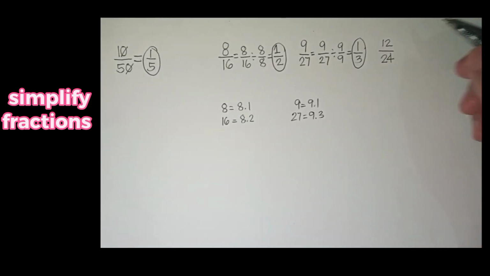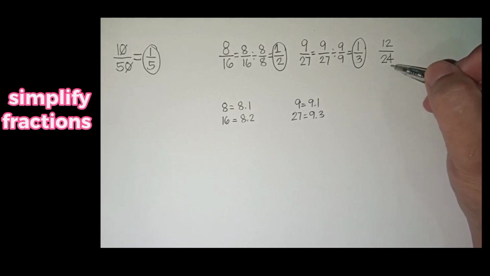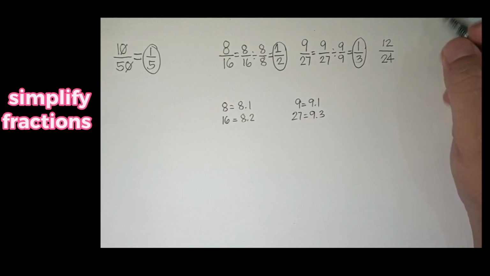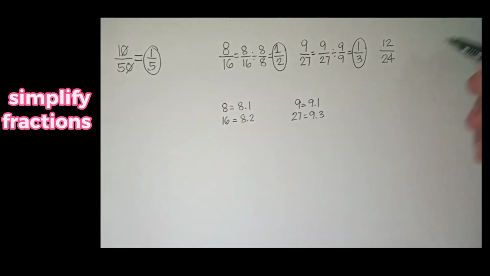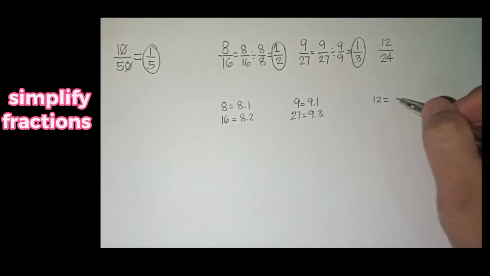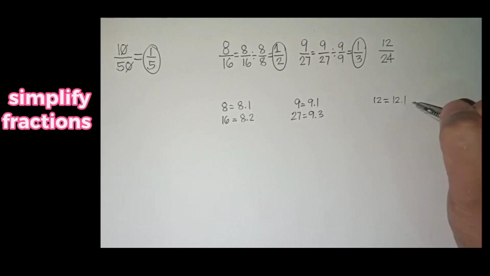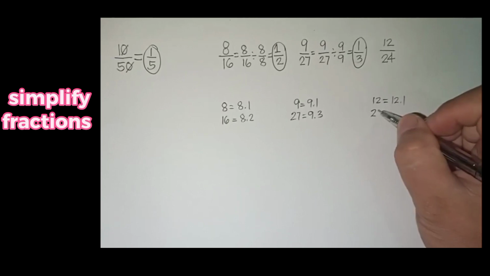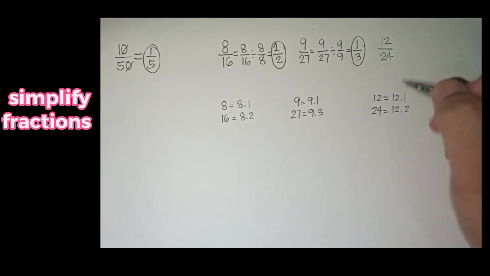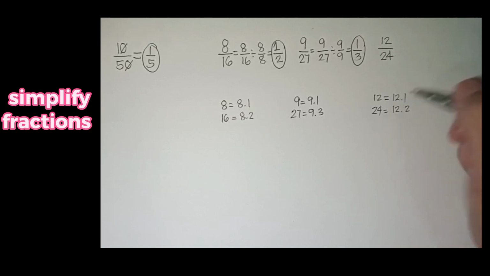And then in number 4, we have 12 divided by 24, or 12 over 24. So first we have to factor out 12, and that is 12 times 1. And for 24, that is 12 times 2. So the GCF is 12.